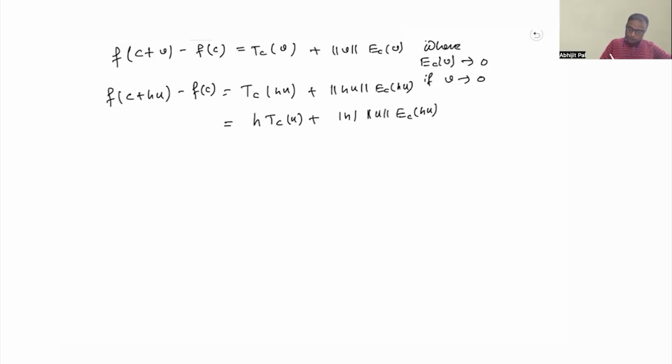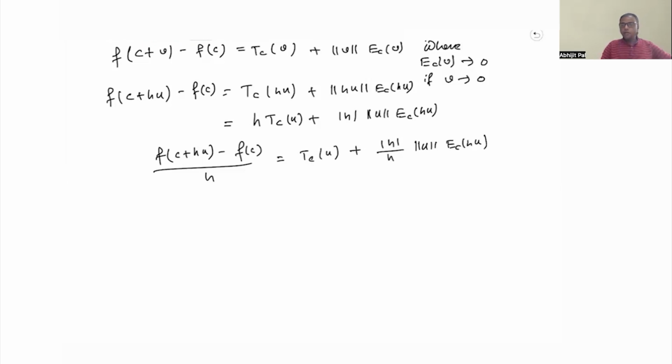Now you divide by h, and take the limit h tends to 0.